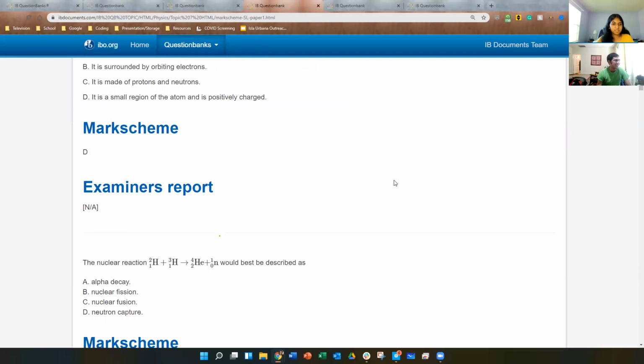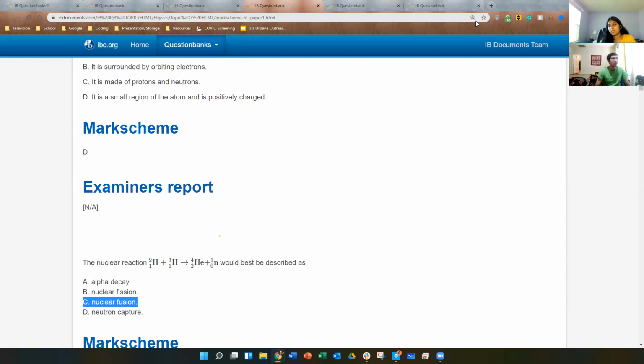Yeah, definitely. The nuclear decay reaction here would be best described as, this one's easy, just alpha decay, right? Or no? I have to be careful. Could be fission or fusion. Is this fusion or alpha decay? Nothing's decaying. I think it's fusion. But what is neutron capture again? I think it's when you shoot a neutron and it gets captured.